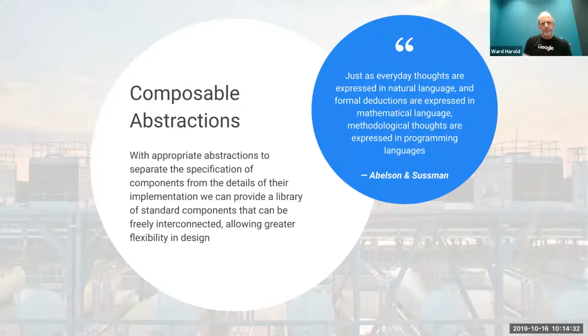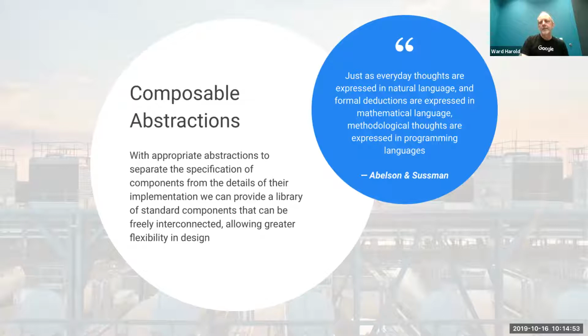And if you want to read about how to do that, there's no better place than a book called Structure and Interpretation of Computer Programs by Abelson and Sussman. It's probably one of the best books on just pure programming that you will ever read. It uses Scheme.